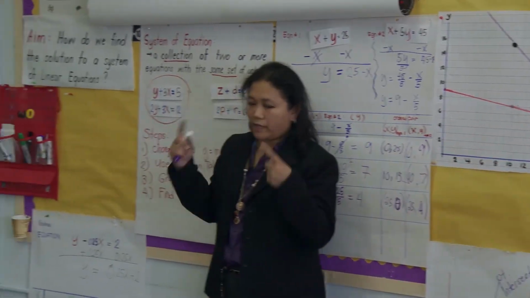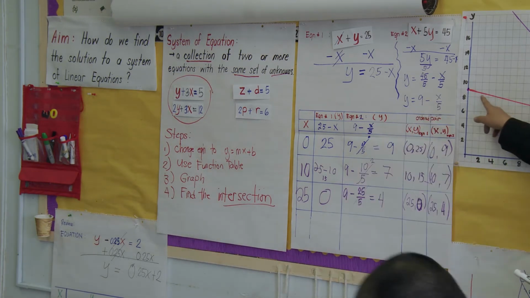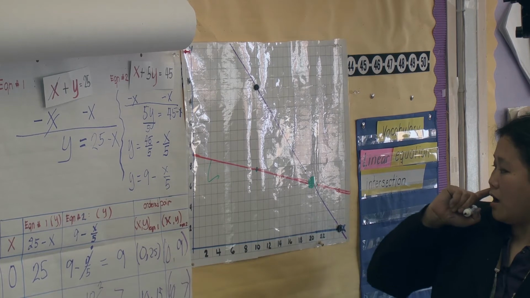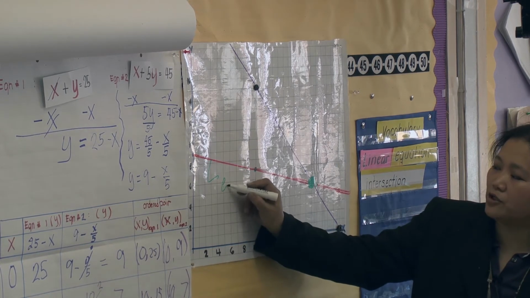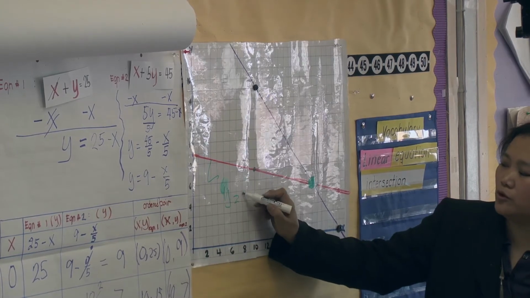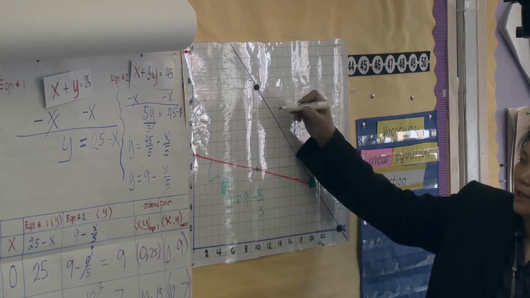Jason. Okay, let me just explain this. This red line is equation number 2, where we say y is equal to 9 minus x over 5.